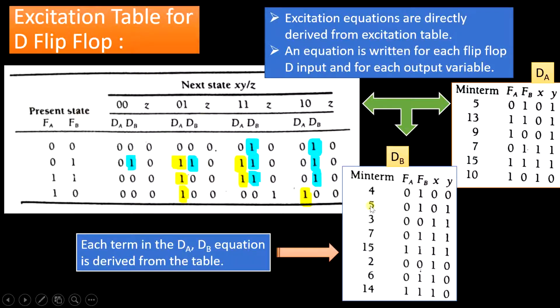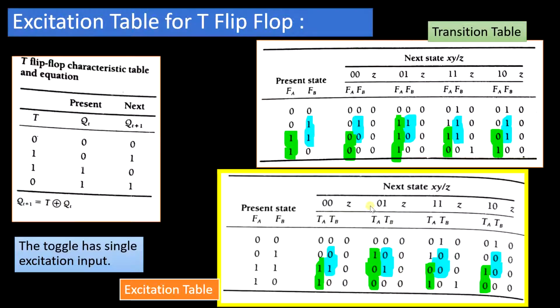So in a similar manner, we will try to obtain the excitation table and equations for the T flip-flop. Now for that, you need to understand the characteristic table and the equation for the T flip-flop. How we derive the characteristic equation and the table, I have already done in the tutorial for characteristic equations.